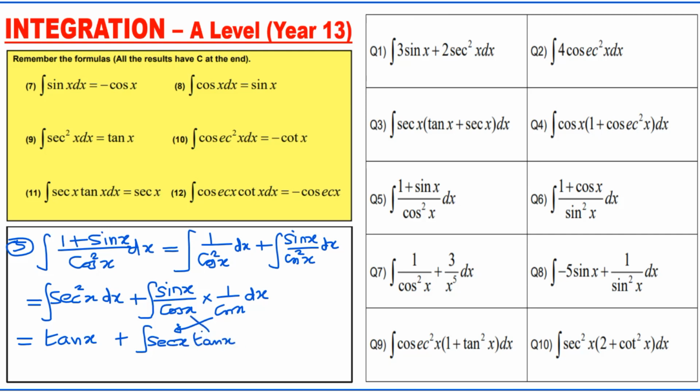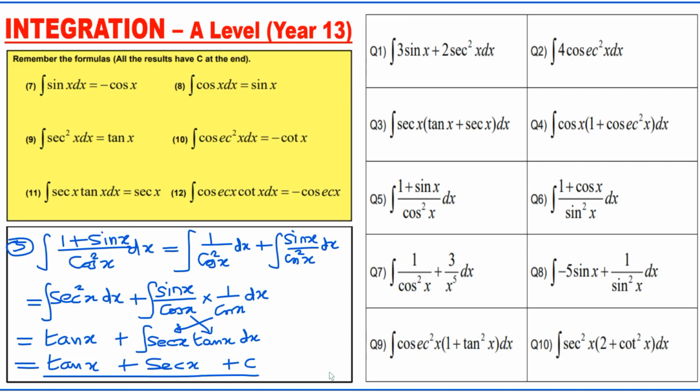So sine over cos is tan dx. Sec x tan x is sec x. So this is tan x plus sec x plus c. And that is the answer for the question number 5.